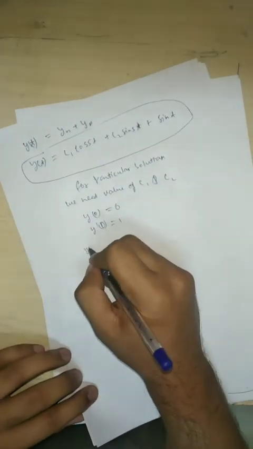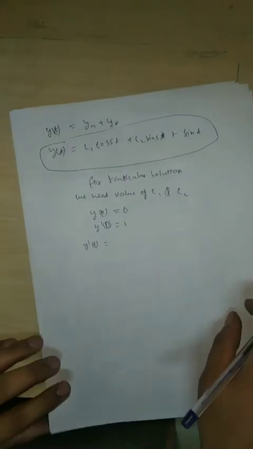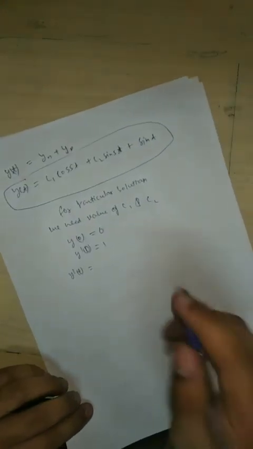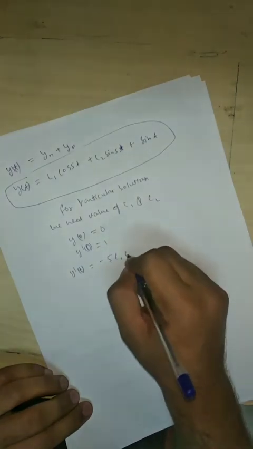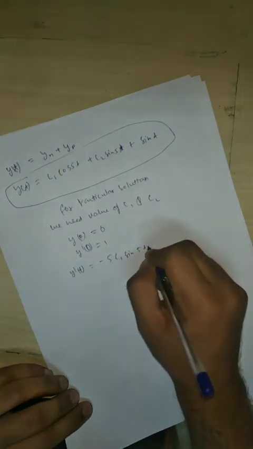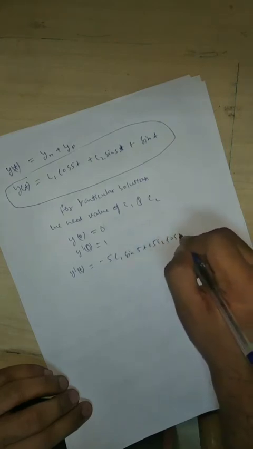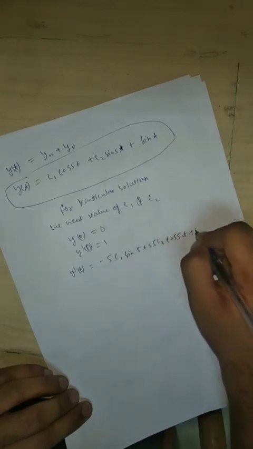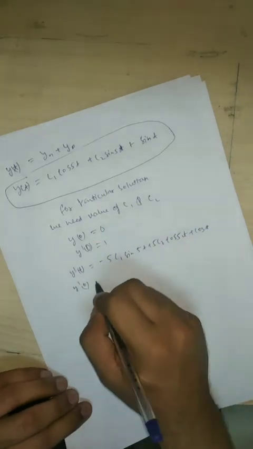So we'll put in y dash t, which is minus 5 c1 sin 5t plus 5 c2 cos 5t plus cos t. Putting in y dash 0, it should come out to be 1.